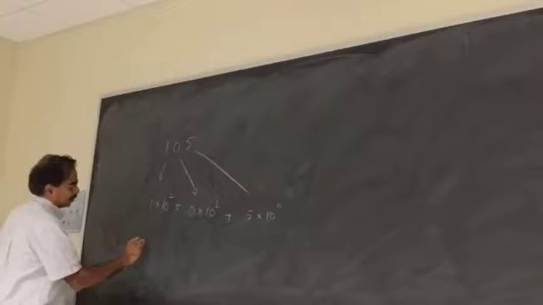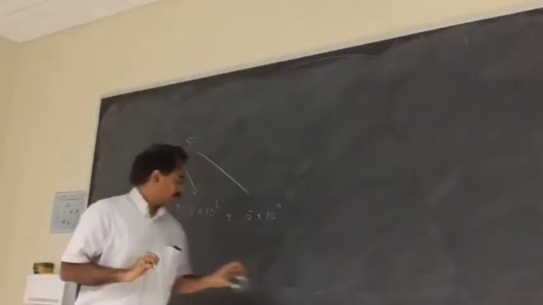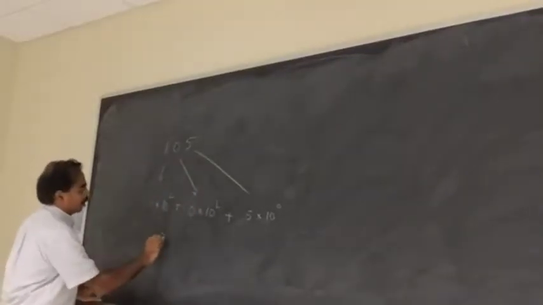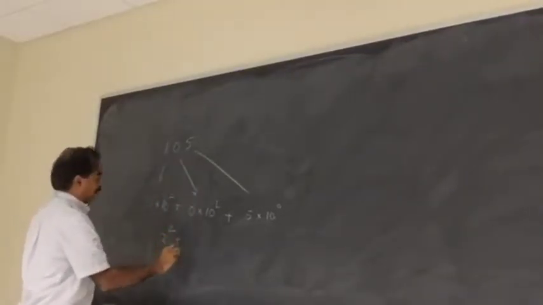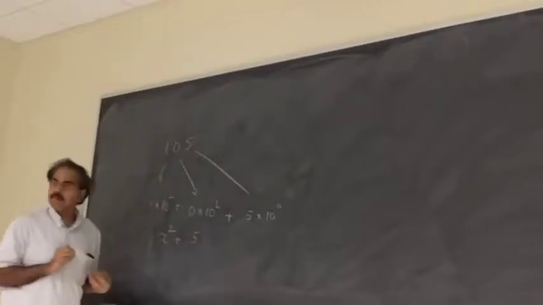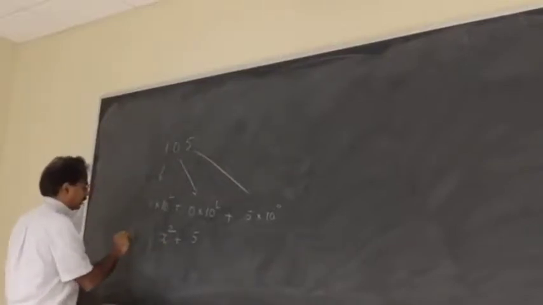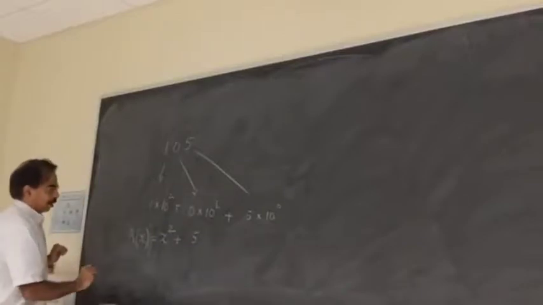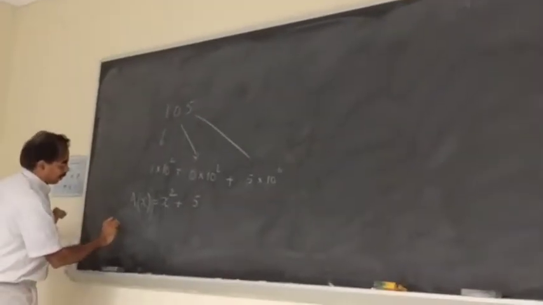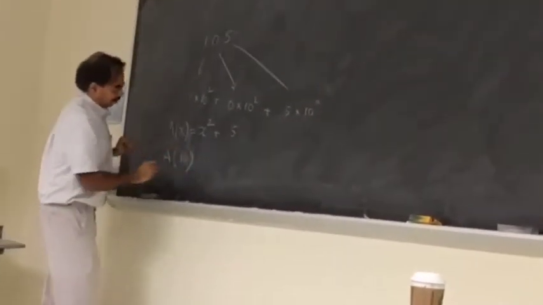This can be thought of as an instance of the polynomial x squared plus 5, a polynomial a(x) equal to x squared plus 5, and the value is nothing but a(10).